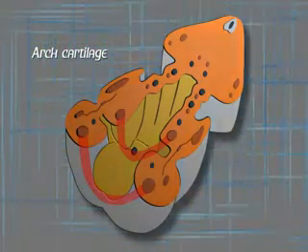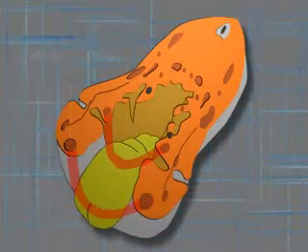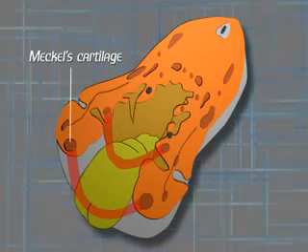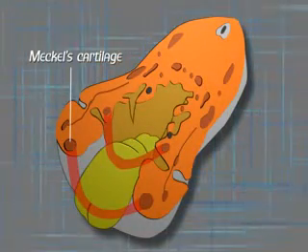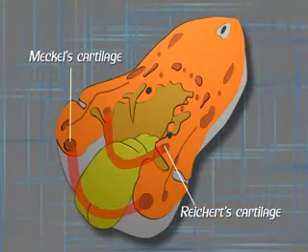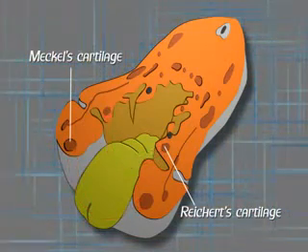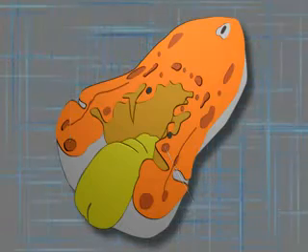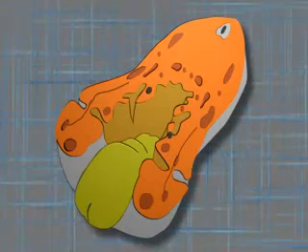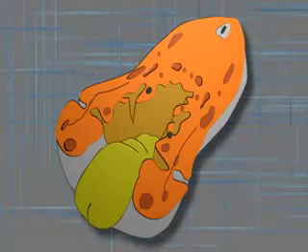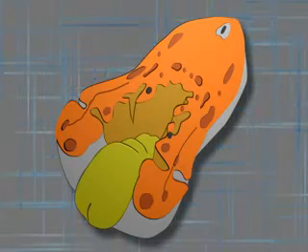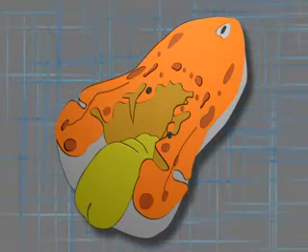The cartilage of the first arch is called Meckel's cartilage, and that of the second arch is called Reichert's cartilage. The mesenchyme surrounding the first and second arch cartilages give rise to the muscles of mastication and to the muscles of facial expression, respectively. Each arch also contains an artery and a nerve.